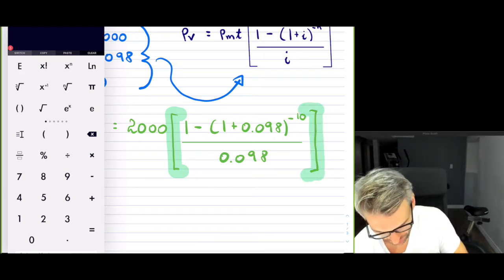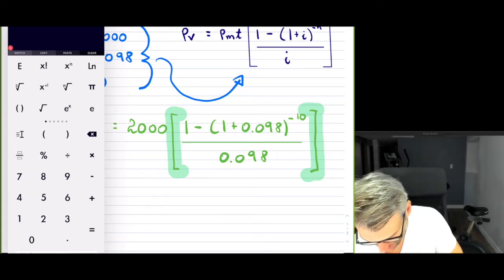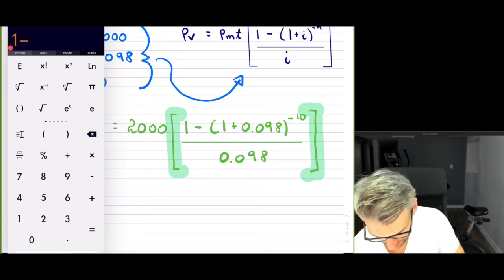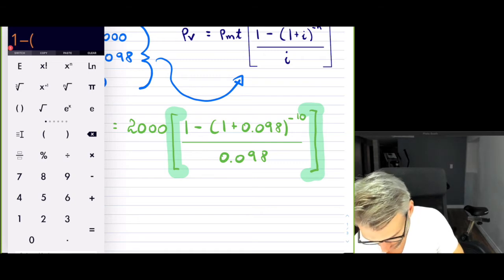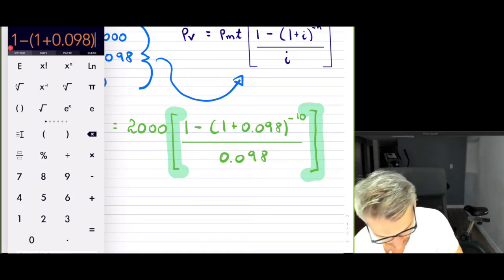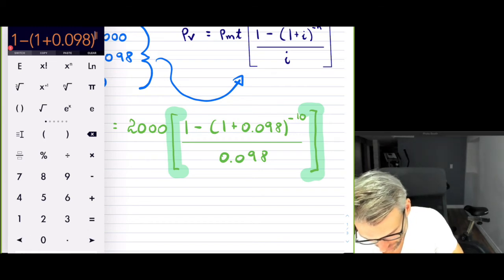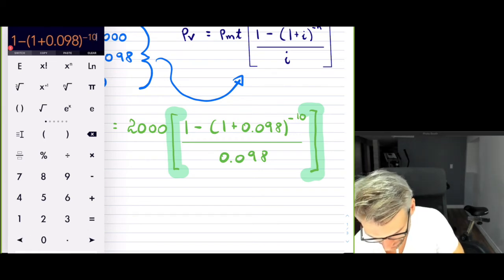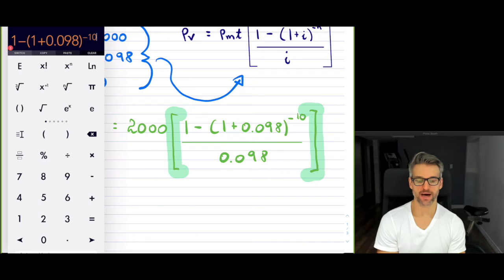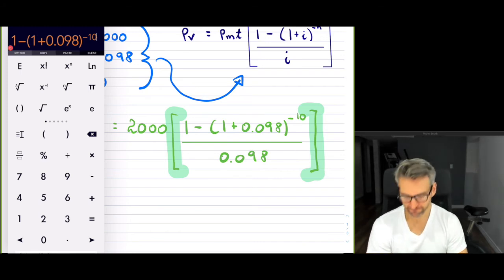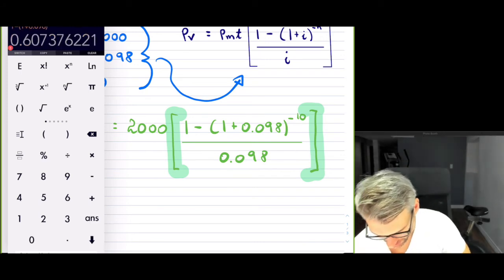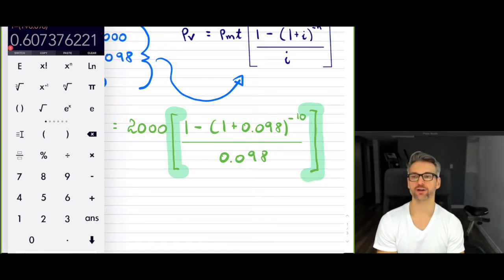So in the brackets, I have 1 minus, open bracket, 1 plus 0.098. Close my bracket, and that is to the exponent of negative 10. So that is in my numerator. All right, so now I can just hit equals. So that's what I get on top.